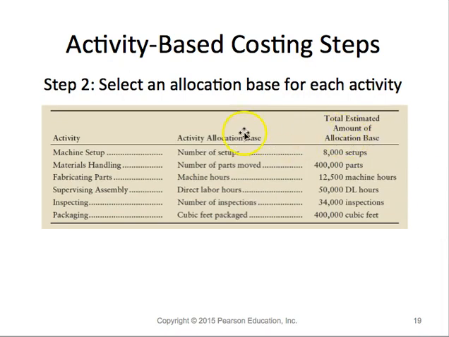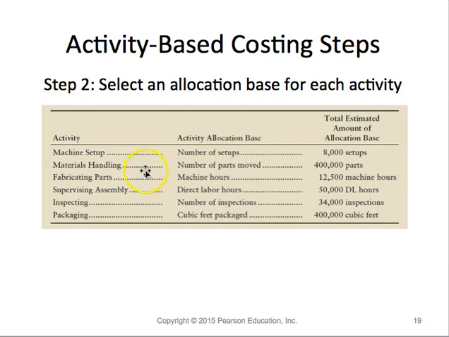So we're going to see the allocation base for each activity. Mainly, these are called allocation bases, or we call them drivers, or cost drivers. So for the setup, what are the units you're going to use? These are how many machines are set up, or number of setups.